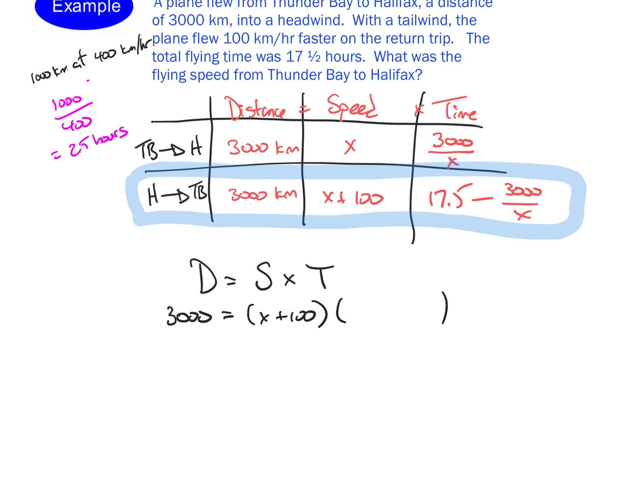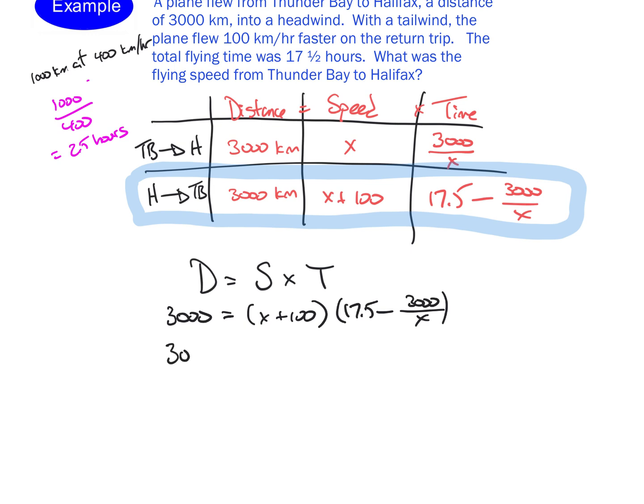The time is what? 17.5 minus 3,000 over x. And now we are going to expand the right side. And once that's all tickety-boo, we are going to bring the 3,000 over to the right to join the party. We are going to simplify this and then solve the quadratic equation.